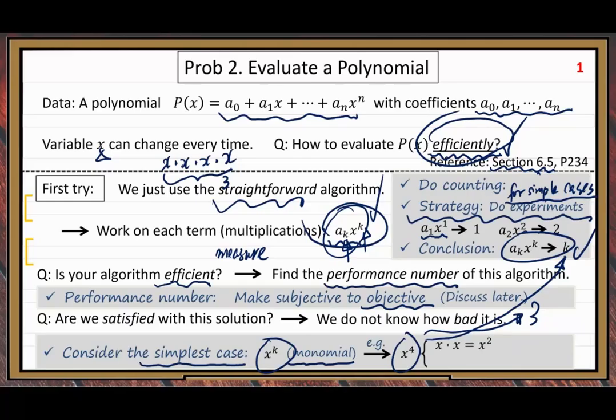Let's do our first multiplication. x times x equals x squared. That's our first multiplication. After that, when we do our second multiplication, this time, we do it in a special way: x squared times x squared. Not x, x squared times itself, we get x to the 4th.